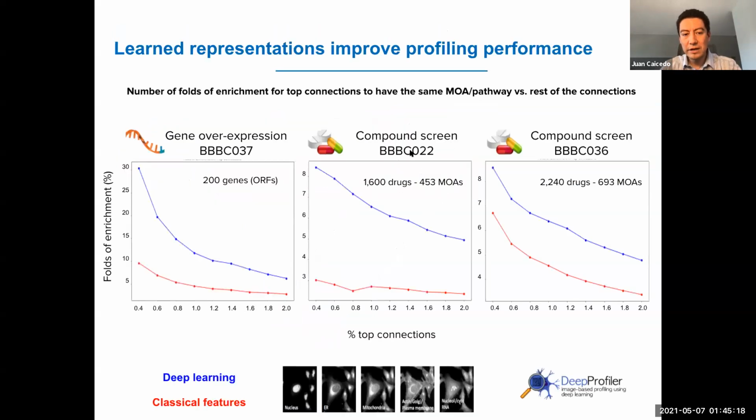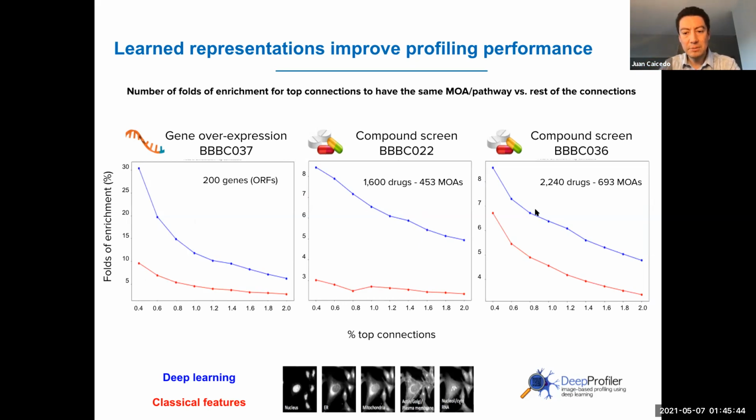So when we evaluate this in different experiments, we observe that there is a large difference between the deep learning features and the classical features. On the x-axis, we have the total number of connections that we observe as a percentage in the graph. On the y-axis, we observe how much enrichment of truly biologically meaningful connections we observe.